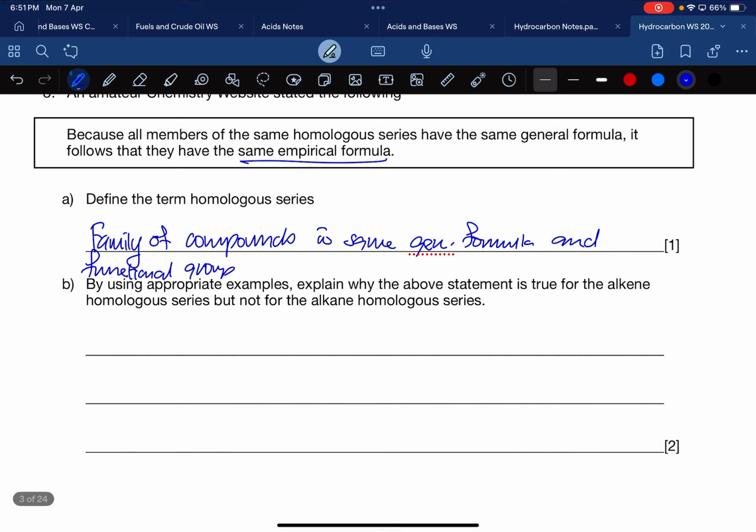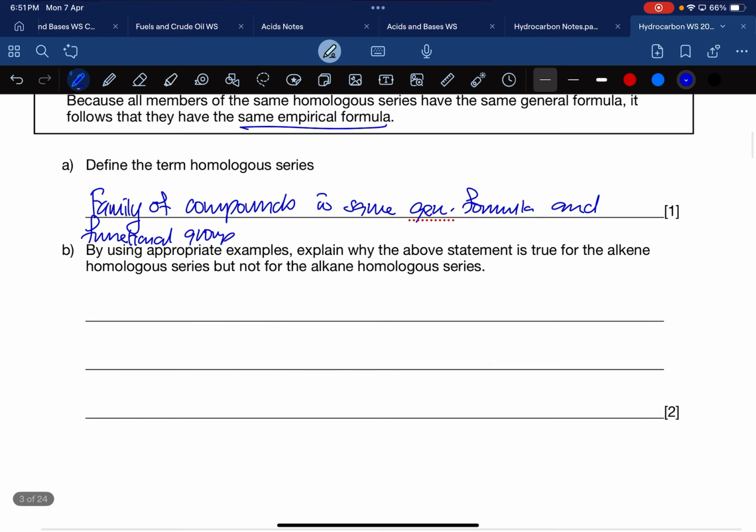By using appropriate examples, explain whether this statement is true for alkene. But why is it not true for alkane? The empirical formula of ethane is CH3 and the empirical formula of methane is CH4.